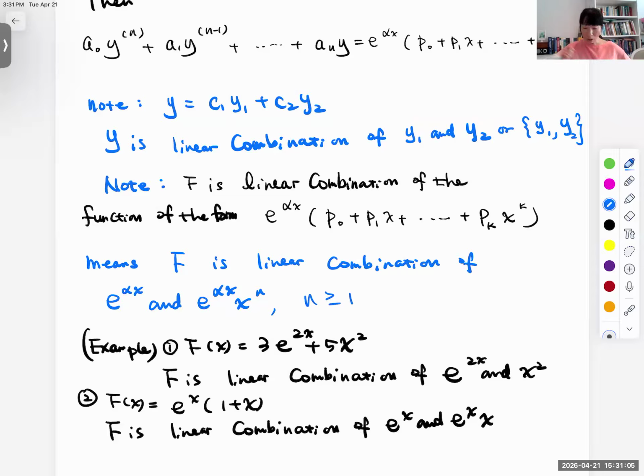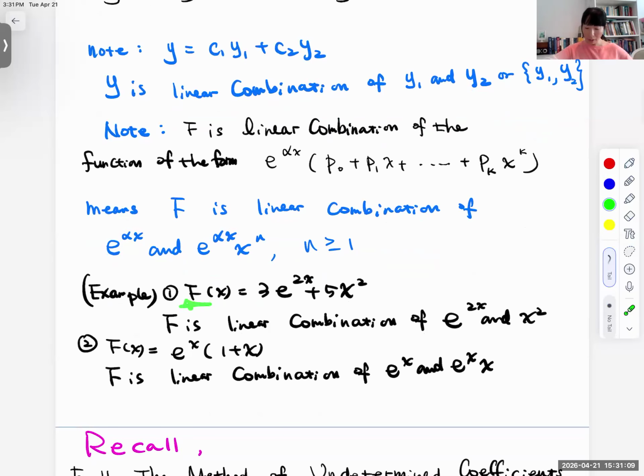Now, for example, if we have f of x equal to 3e to the 2x plus 5x squared, then we can say that f is a linear combination of e to the 2x and x to the second power.